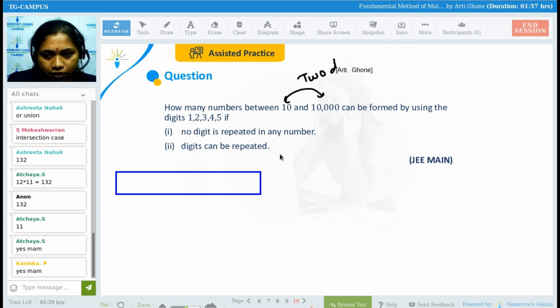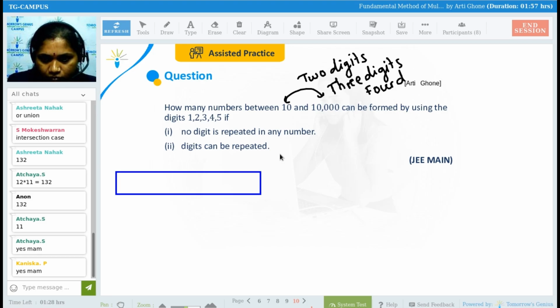Either it will be a 2-digit number, or it will be a 3-digit number, or a 4-digit number. Clear? These are the only 3 cases.